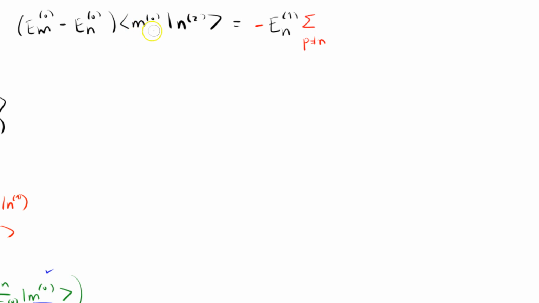And if I write m, m refers to a particular one, so I don't want to get this confused. This is actually a very subtle point. This is a sum over all p, where p can include m. Maybe, maybe not. Anyways, this guy is just going to be delta h pn over ep0 minus en0 times p0.